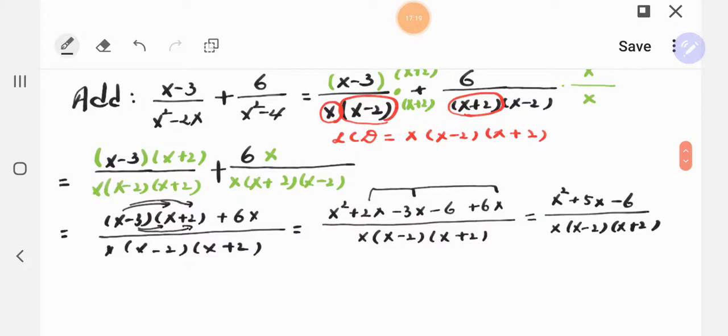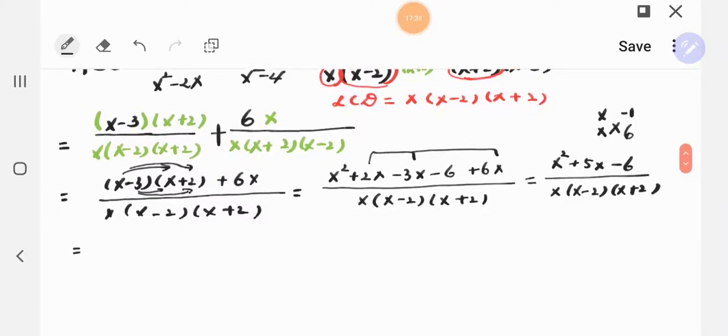Let's factor the numerator. x times x, and 1 times 6, with the minus sign on the 1, so 6 minus 1 is 5. So the numerator is x minus 1 times x plus 6.